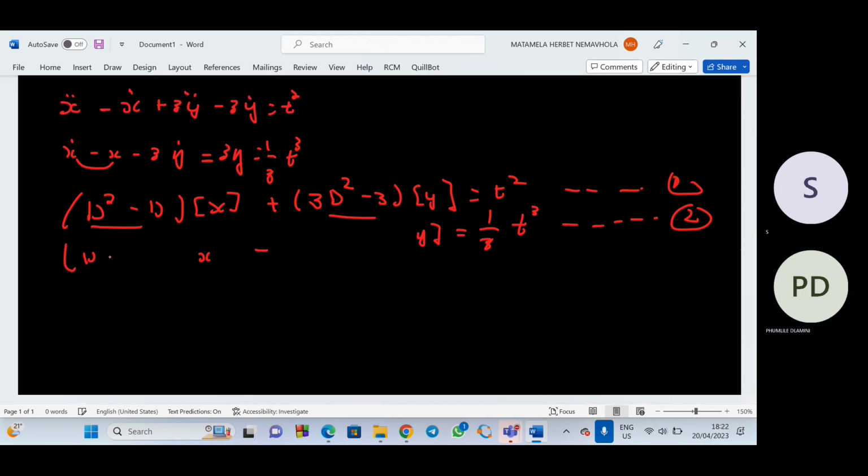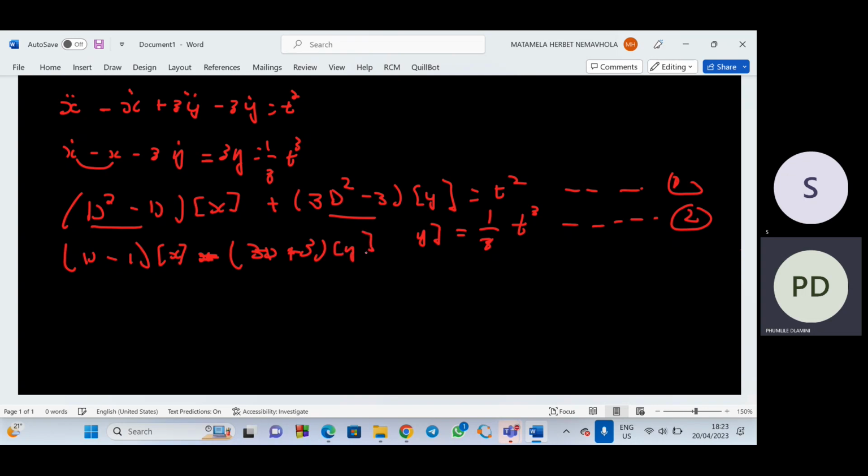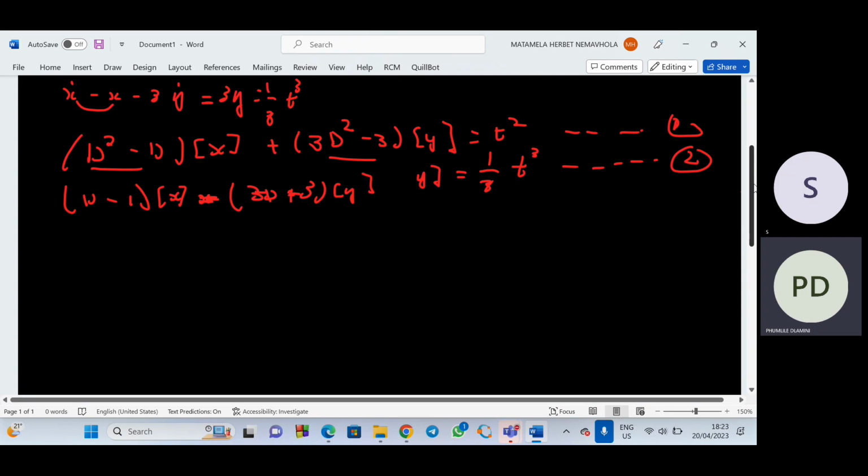It was d minus 1 of x minus, in brackets, d minus 3d plus 3. Yeah, we said plus 3 there of y side. Okay, yeah. So now we can change one of these here.